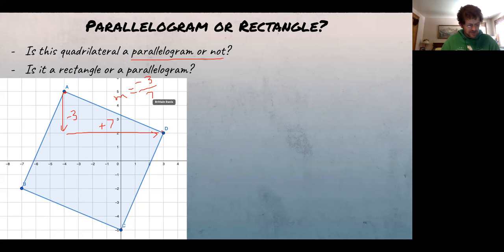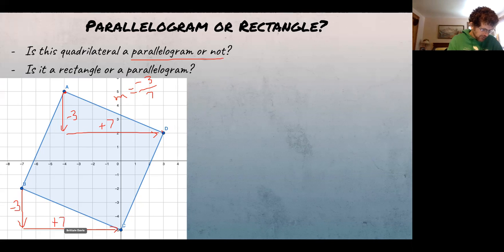So if I go to the opposite side, I'll go down 3. That's good so far. Right 4, 5, 6, 7. Right 7. Which this also gives me a slope of -3 over 7. All right, so the opposite sides here so far are parallel. They have the same slope. So I will put those arrows there to show that they are parallel.